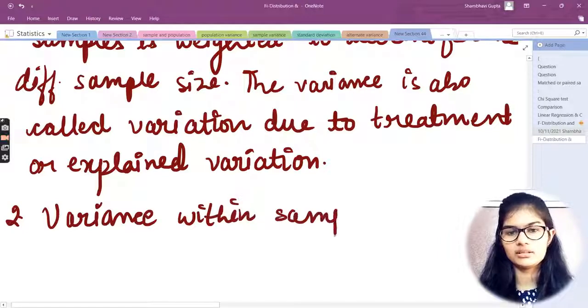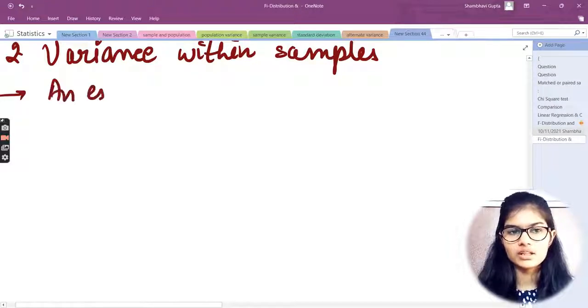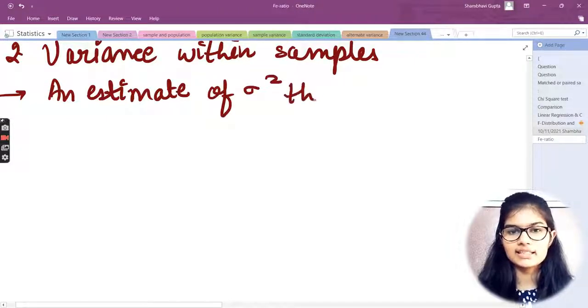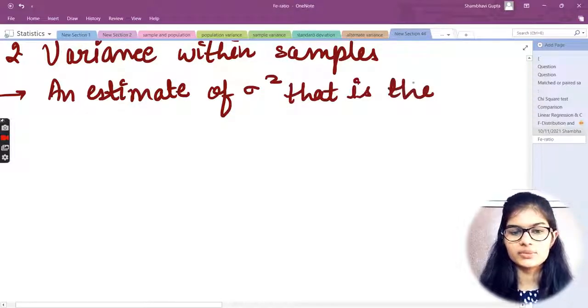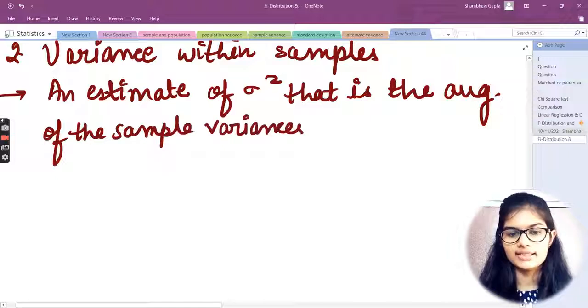Variance within samples is an estimate of sigma square, that is the average of the sample variances.